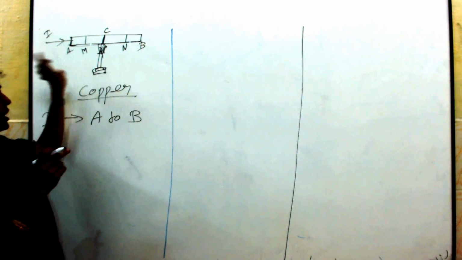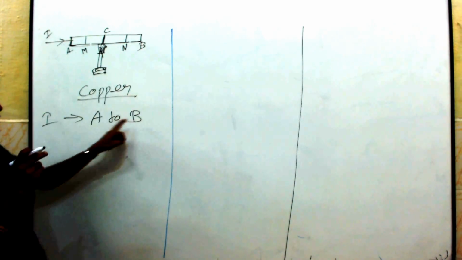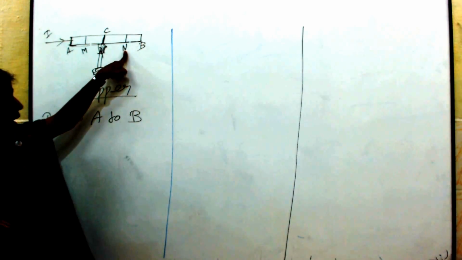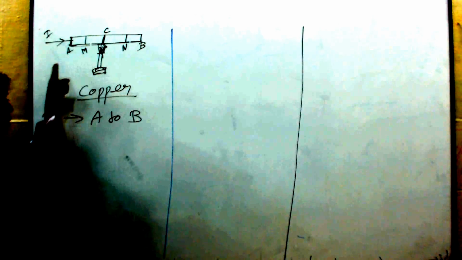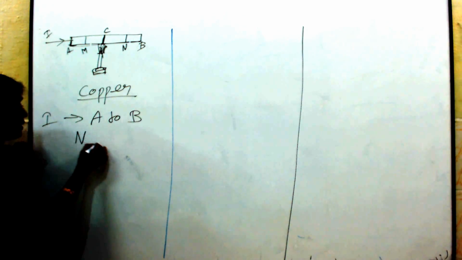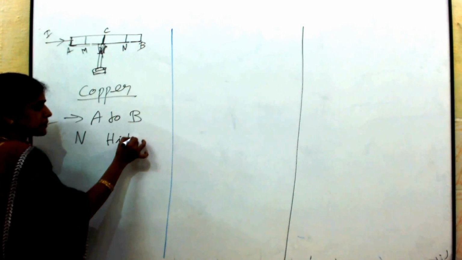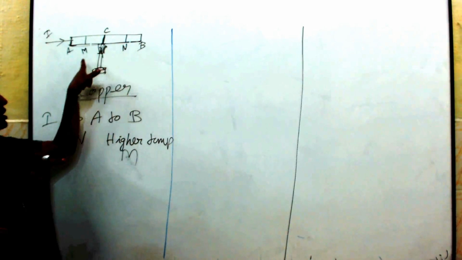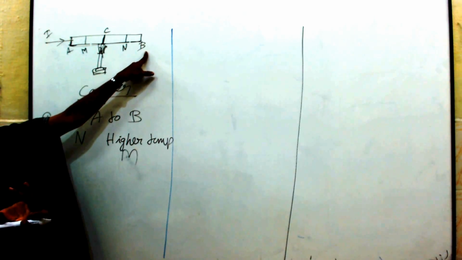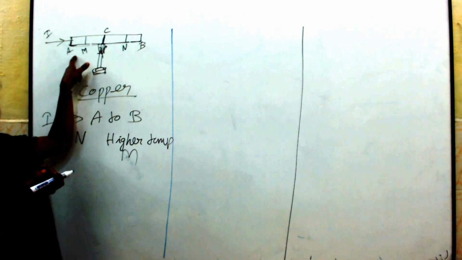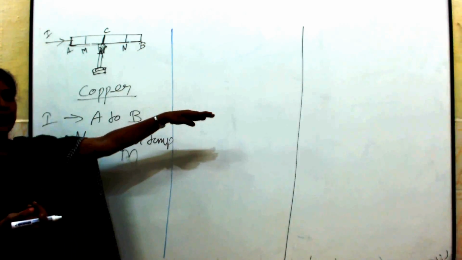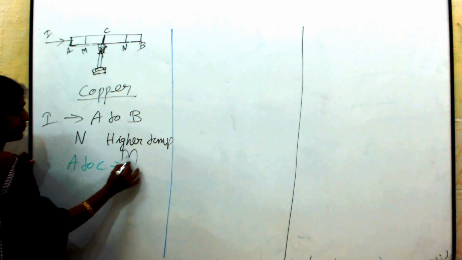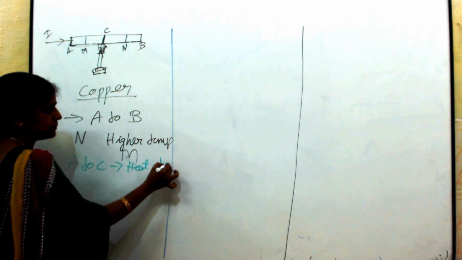That is the meaning of this. Now current is flowing in this conductor from A to B. If you see the temperature at point N and at point M, you can notice that the point N will be at a higher temperature than the point M. So I can say B is at a higher temperature than the point A. That means here heat is absorbed. Here heat is liberated. So from A to C, heat is absorbed, isn't it?